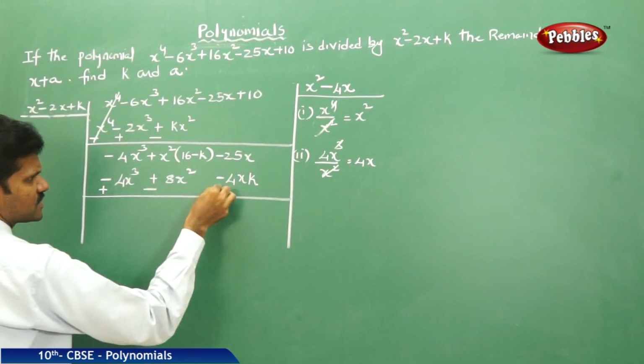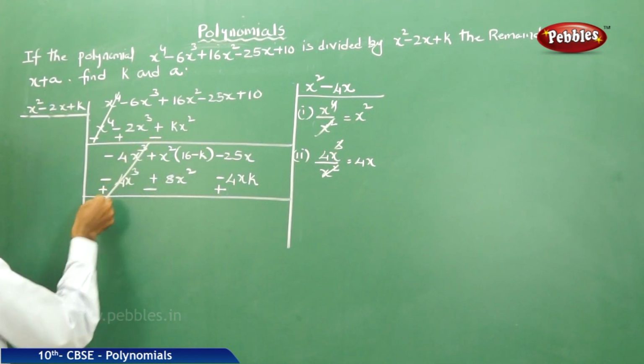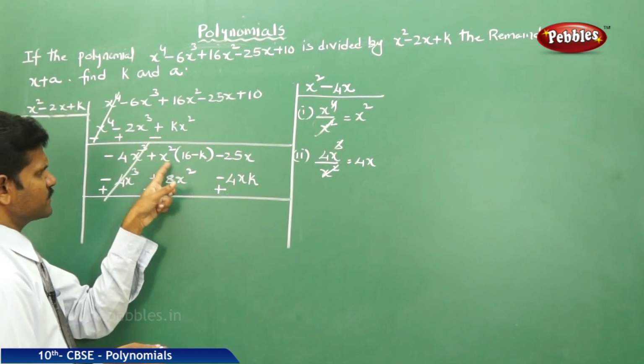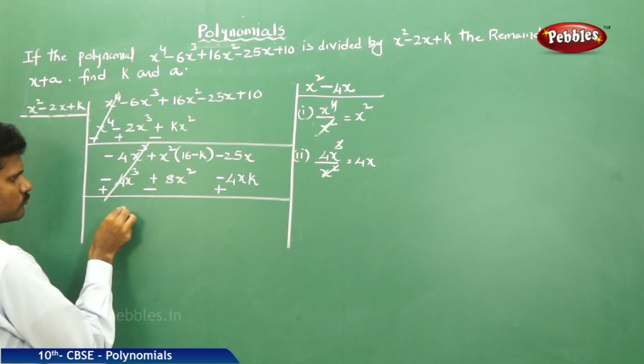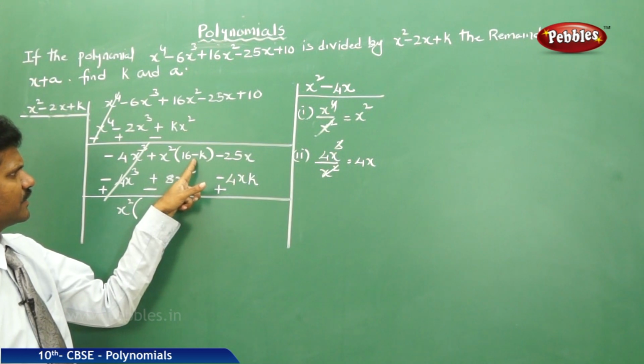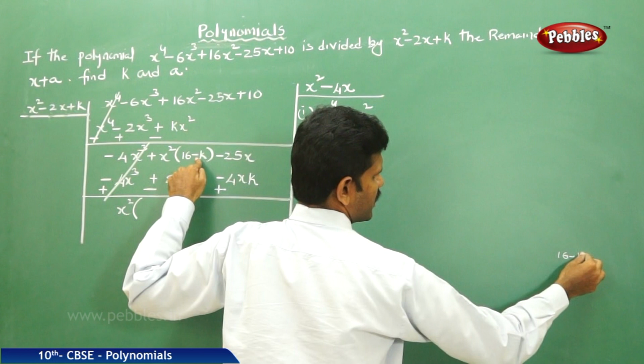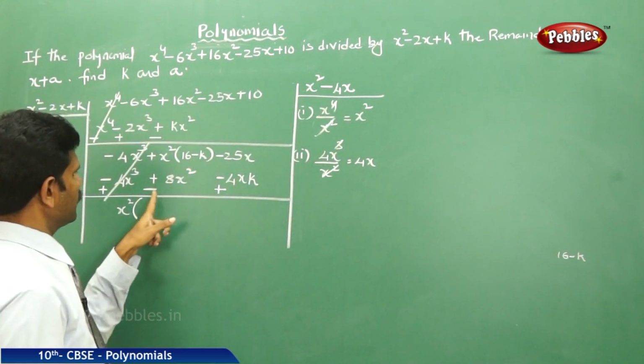Plus minus plus, now they get cancelled. Again in this one take x^2 common. The rest of the parts are 16 minus k minus 8.